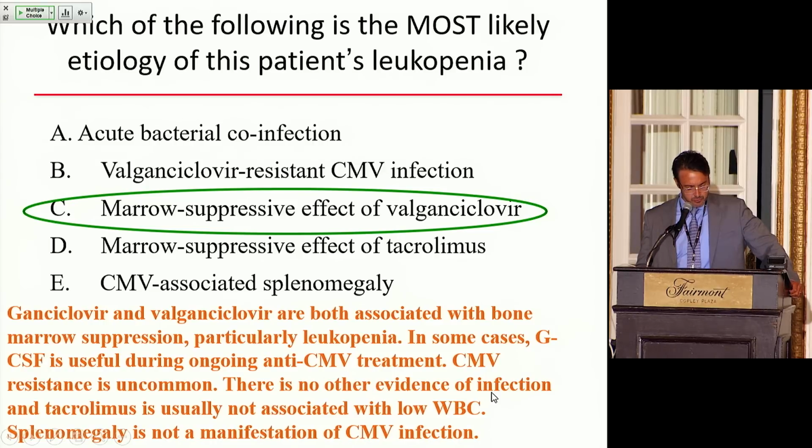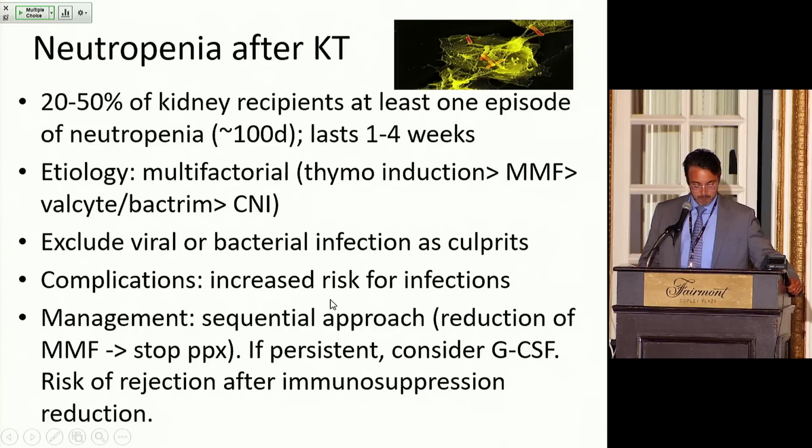There's no other evidence of infection, so that's not a major concern. But bacterial co-infections can sometimes cause leukopenia. Tacrolimus in particular is not associated with leukopenia. Mycophenolate is the main agent that may affect bone marrow production, and CMV is not related to splenomegaly.